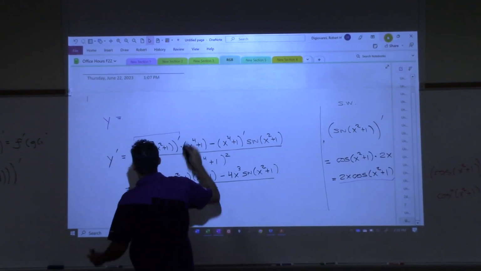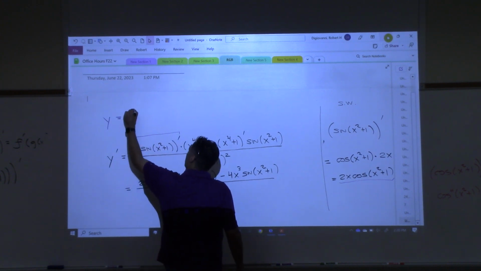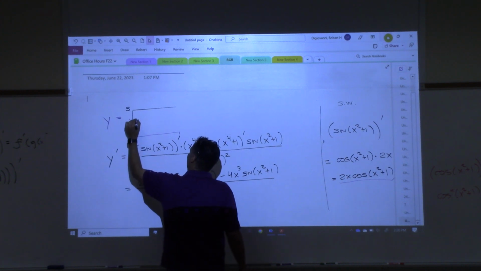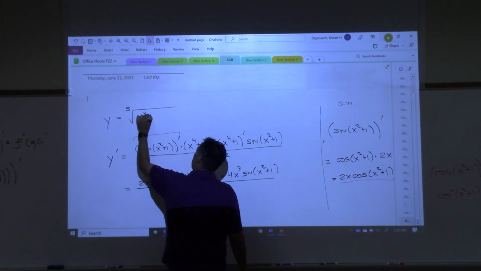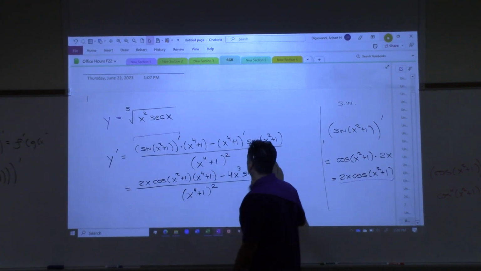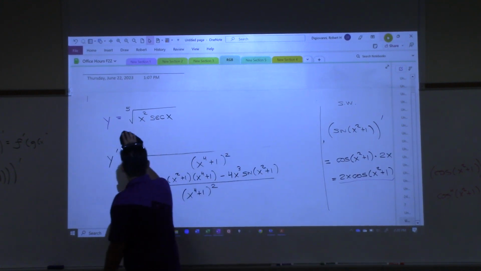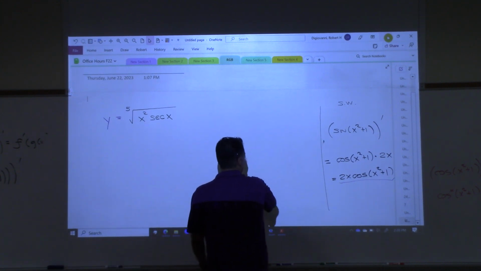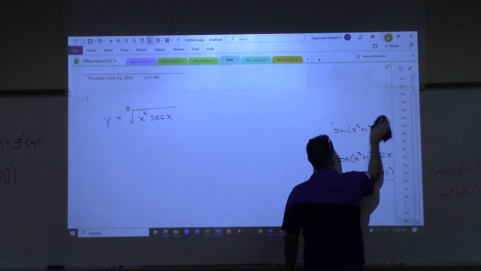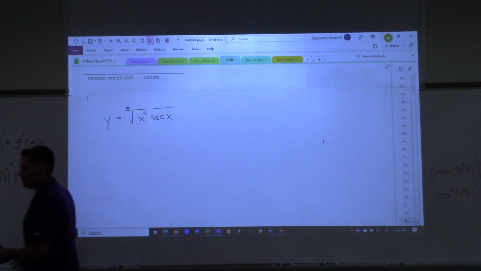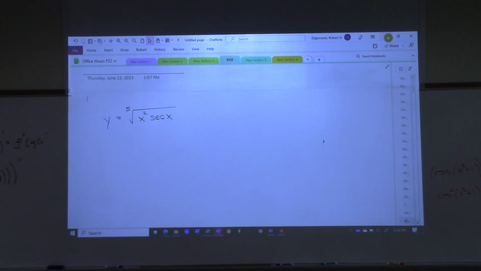How about this one? Fifth root of x squared secant x. What do you see?